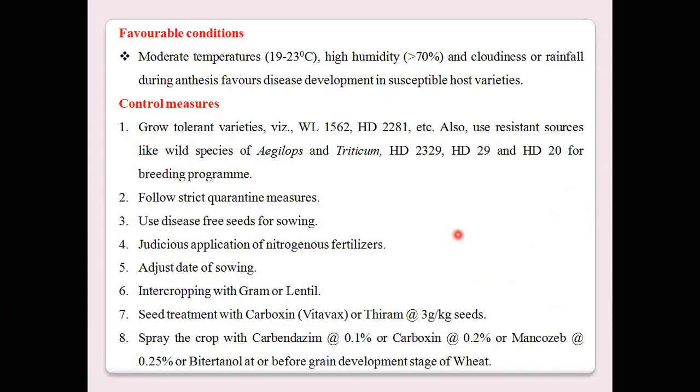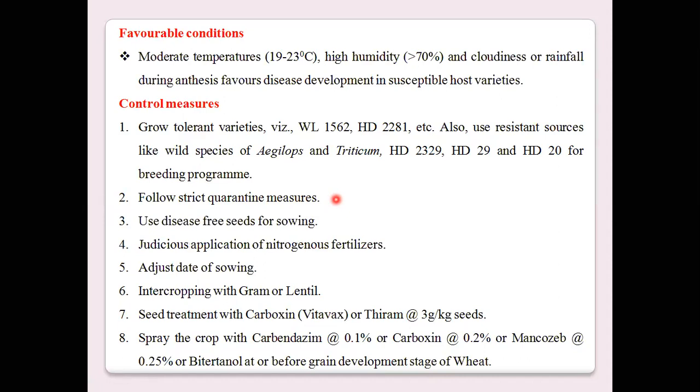So in this way, primary and secondary infection takes place through this fungus. Then control measures: grow resistant varieties. There are a number of resistant varieties grown by farmers to avoid such infection in the wheat crop. Then follow strict quarantine measures during export and import of wheat seeds from other countries or from state to state within India. First check whether the wheat seeds are infected or not.